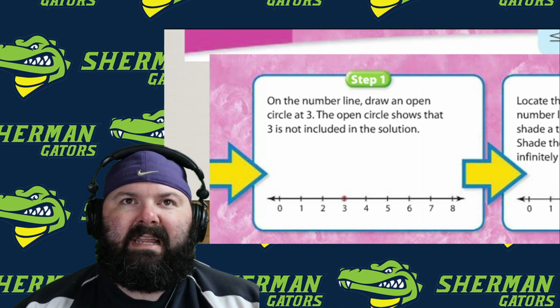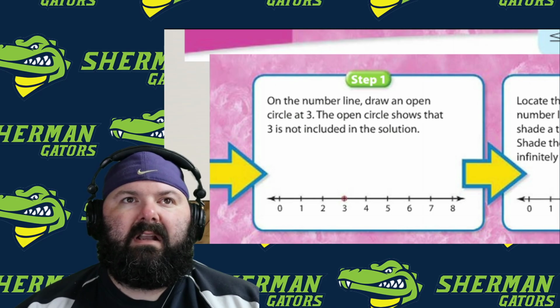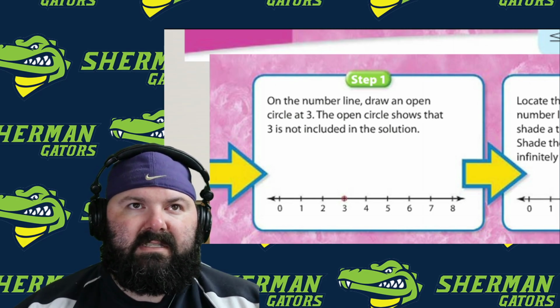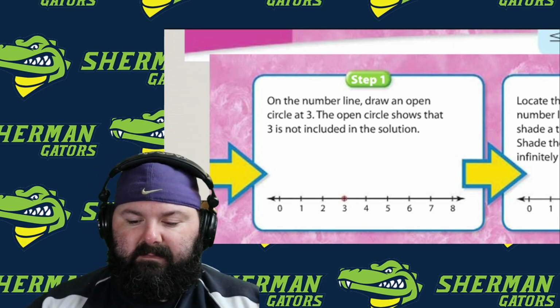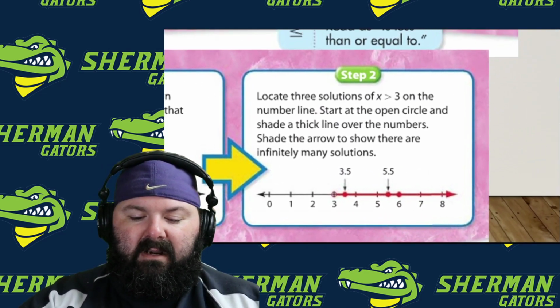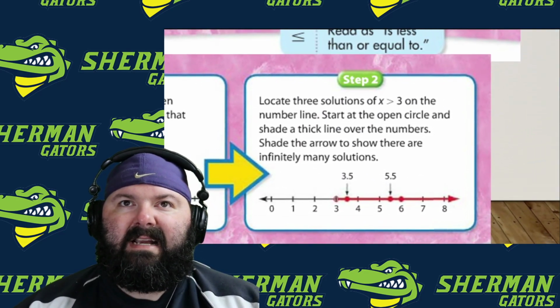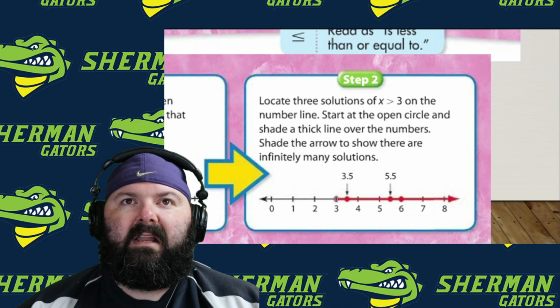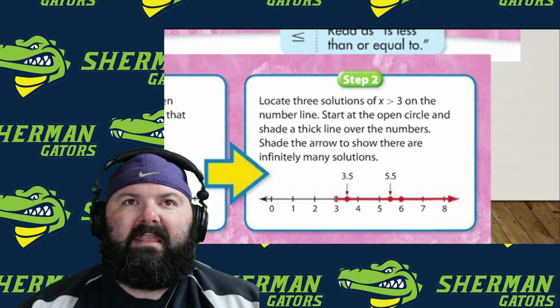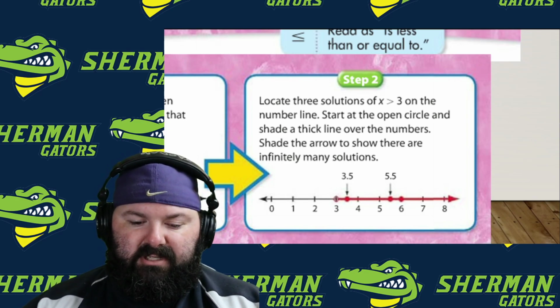And I'm going to go over the difference between an open and a closed circle in a second. And then we are going to locate the solutions of x is greater than 3 on the number line. Start with the open circle and then shade a thick line over the numbers. Shade the arrows to show that there are infinitely many solutions.